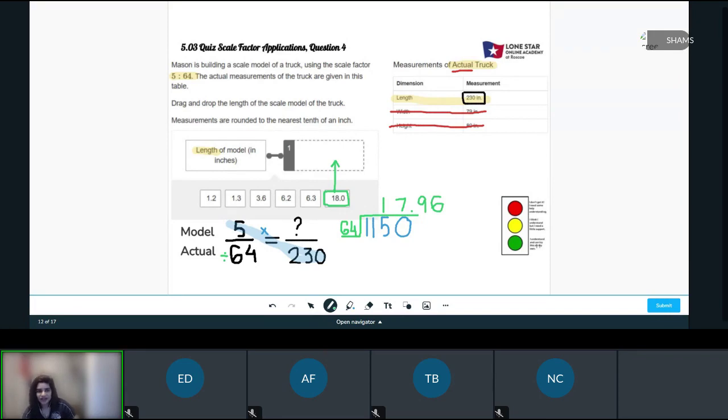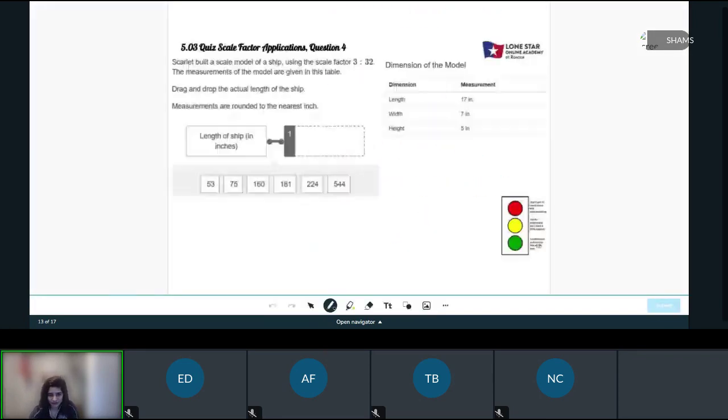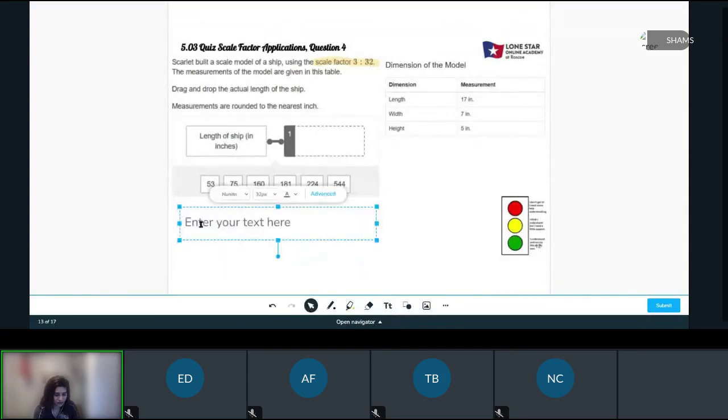So here we have question 4, next variety. Question 4, second variety, says, Scarlett builds a scale model of a ship using the scale factor 3:32. Again, that means the ratio of model to actual is going to be 3:32.